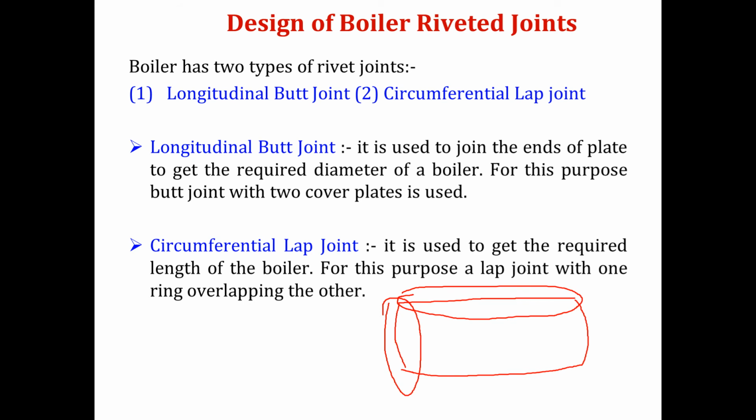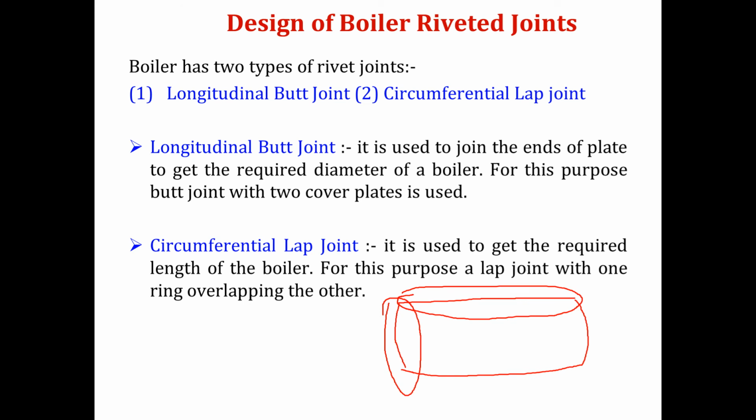I repeat, these are the two types of rivet joint used in a cylindrical boiler shell. In today's class, we will see the design procedure of a longitudinal butt joint, and in the next class we will go for the design procedure of the circumferential lap joint.